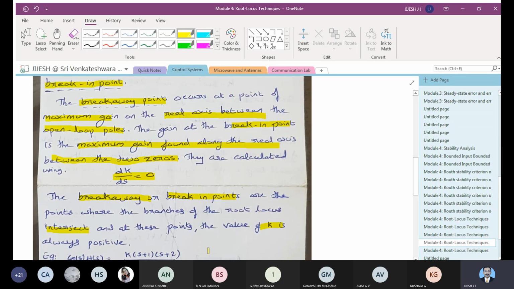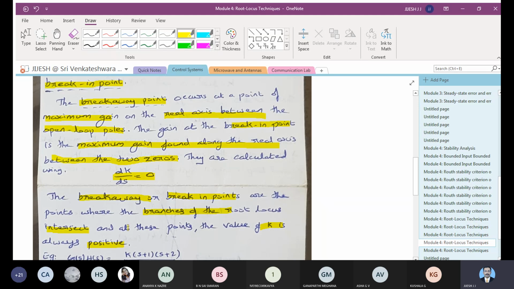So where the break-in or breakaway points are, the branches of the root locus will intersect, and at these points the value of k is always positive. Now we have to understand whatever we have studied regarding the breakaway point and break-in point with one example. We are going to take an example.